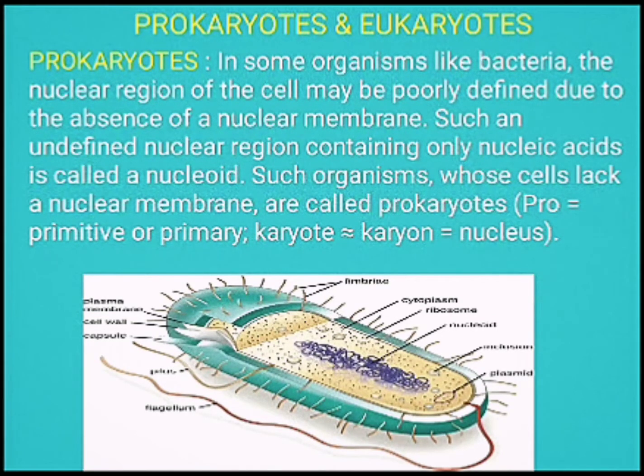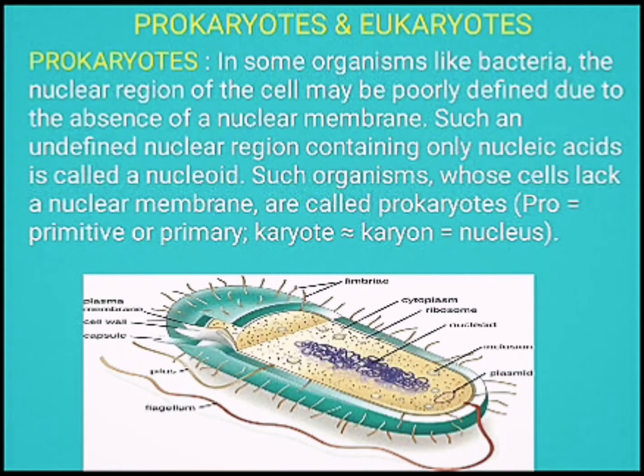However, there are certain cells in which there is no nuclear membrane, and due to the lack of nuclear membrane, all the nuclear organelles as well as nucleoplasm spread into the cell, which makes an irregular shape of the nucleus. Such cells are known as prokaryotic cells, and an organism which has a prokaryotic cell is called a prokaryote. The word prokaryote means primitive nucleus.